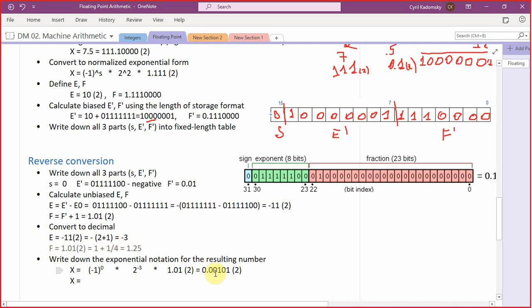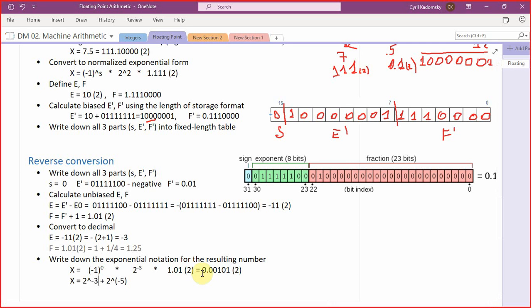It will be 2 power minus 1, minus 2, minus 3, plus 2 power minus 4, minus 5, like this.